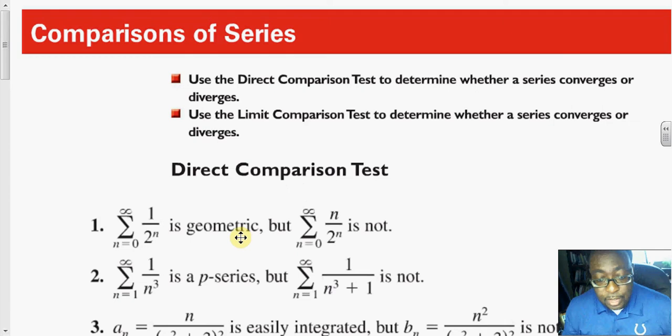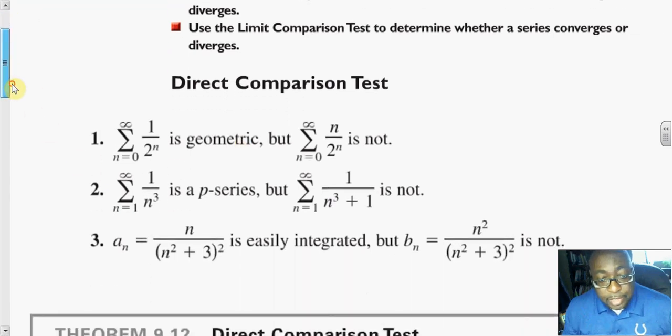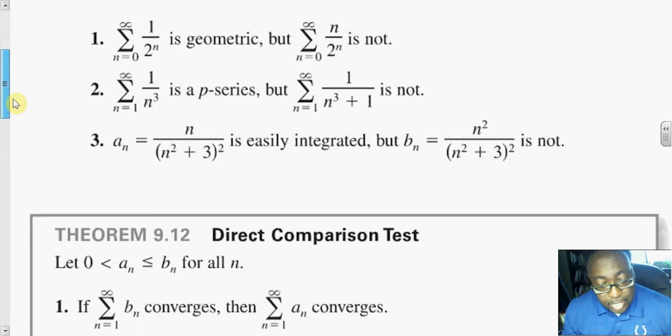Here for the direct comparison, and then also for the limit comparison test, you want to recall the geometric series, p-series, also the so-called integral test for convergence or divergence.